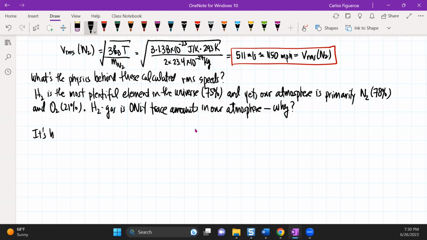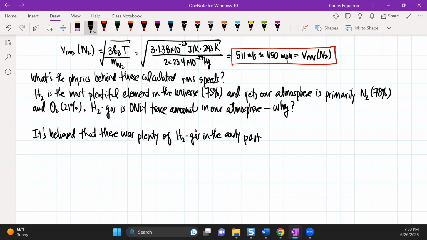It's believed that there was plenty of hydrogen gas in the early part of Earth's, what do I call it? Earth's evolution.